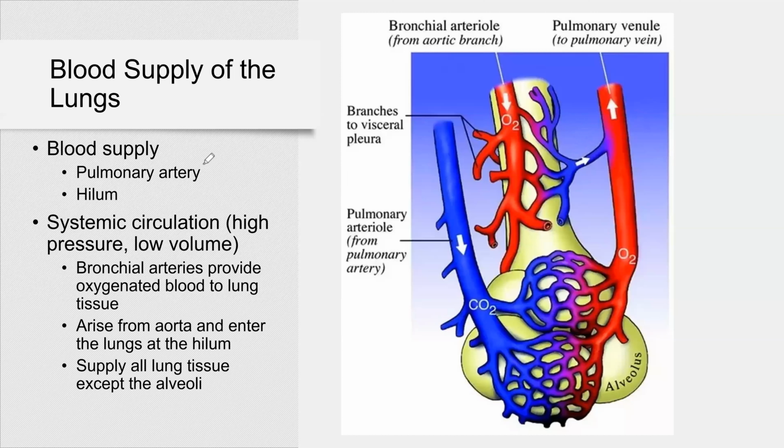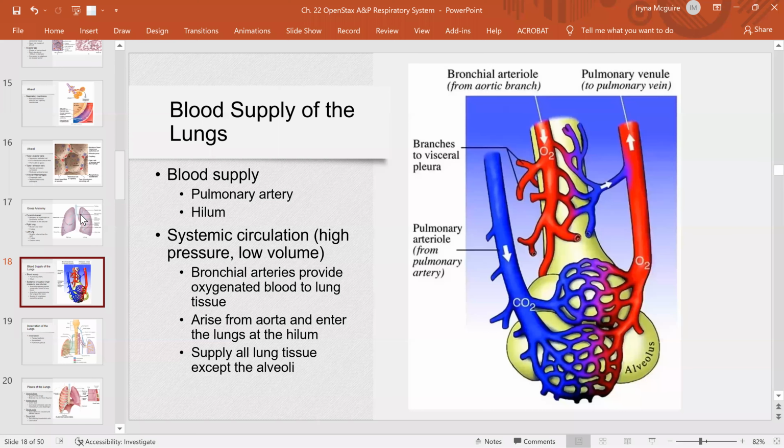Now both pulmonary artery and bronchial arteries enter lungs through the area called the hilum. So if you forgot what hilum is, let me show you what hilum is.